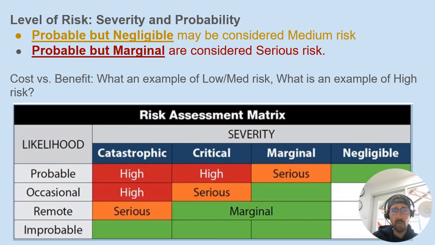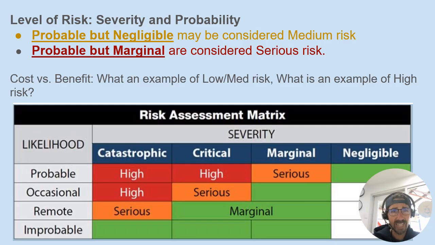Something that's probable and marginal might be considered a serious risk, because that marginal condition might overwhelm the pilot, and then it will move into the serious condition. So making sure we understand that a probable situation that's marginal can potentially be very dangerous for the flight. Just keep that in mind.